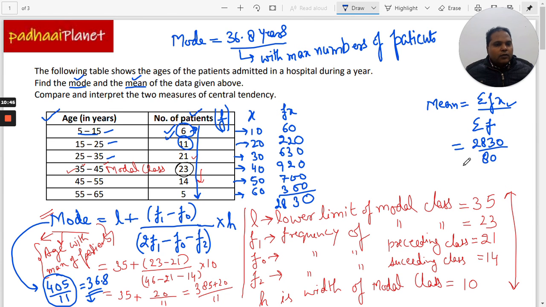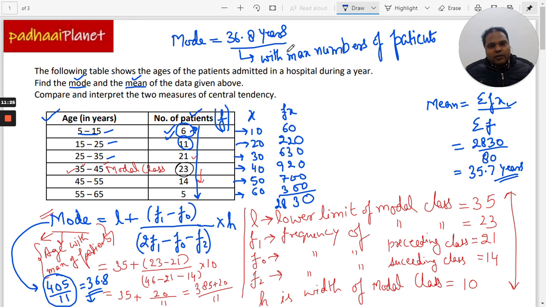If we calculate this, what we get as the answer is 35.7 years approximately. This is what the mean is.